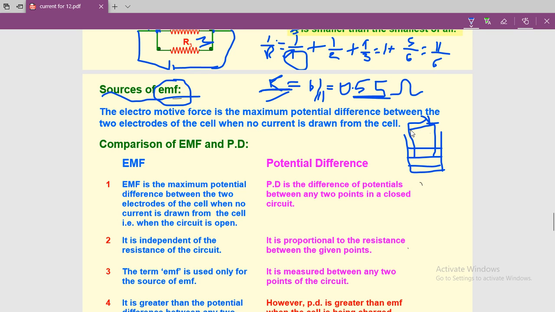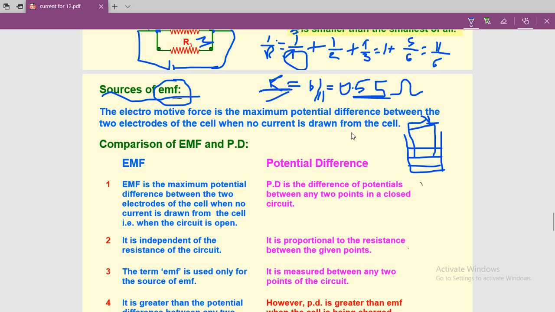When current starts flowing in this circuit, experiment shows that the potential difference across the two terminals is quite less than when it is open. So the less value, that is less than the initial value, is known as terminal potential difference, or you can say potential difference.